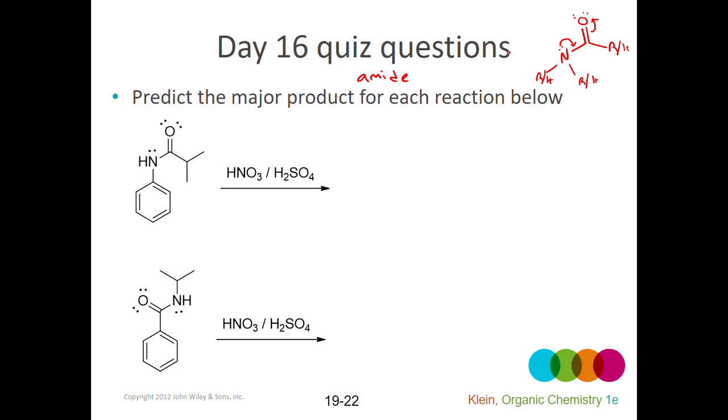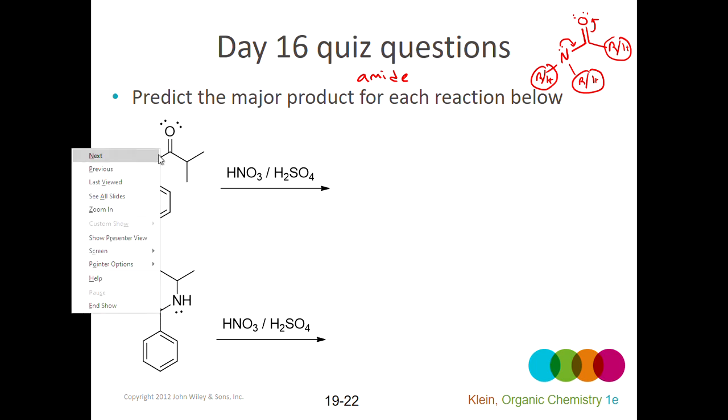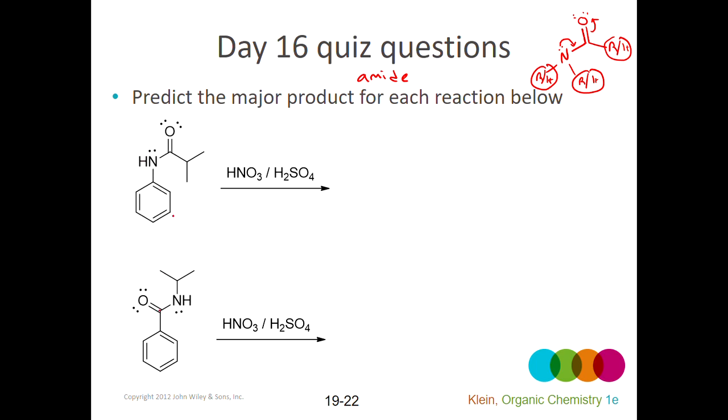So the aromatic ring could be one of these two groups directly connected to the nitrogen, or it could be this group directly connected to the C=O double bond. Whether the amide group is an ortho-para director or a meta director depends on which way it's flipped. If you're familiar with the mechanism, you don't have to memorize anything here.